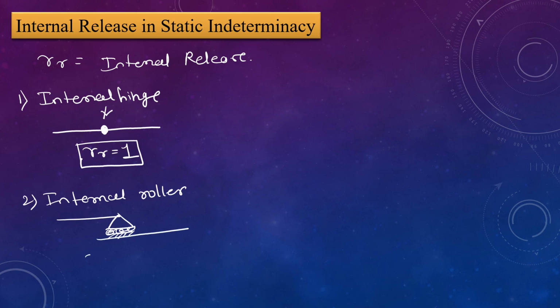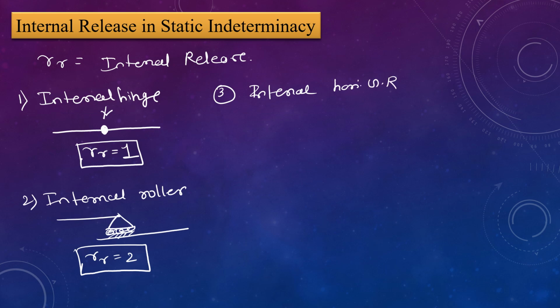This is the internal roller, and the value of RR is equal to 2. Then next, the internal horizontal guided roller. So this is the internal horizontal guided roller, and the RR value here is equal to 1.